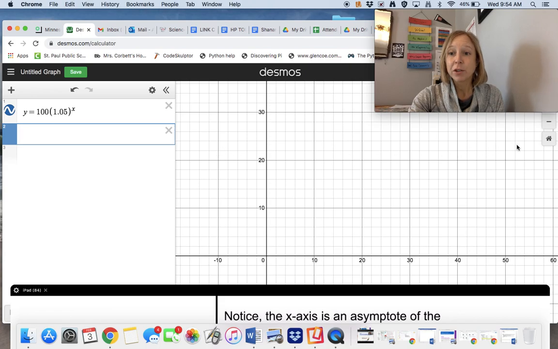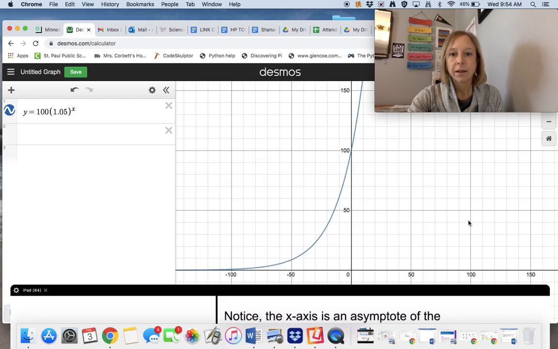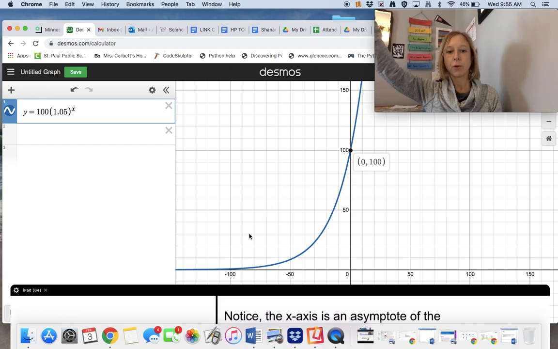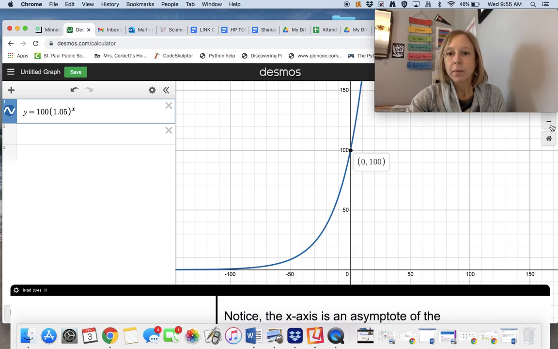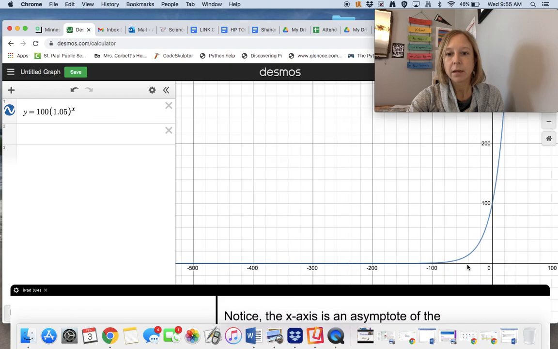So remember, our prediction is the y-intercept is 100. I don't see 100 on my graph, so that's why I don't see it yet. Here it is. Our prediction's correct. The y-intercept's 100. This is exponential growth, so I see it skyrocketing upward. And if I zoom out some more and pull it to the side, I'll see that, again, my asymptote is the x-axis.